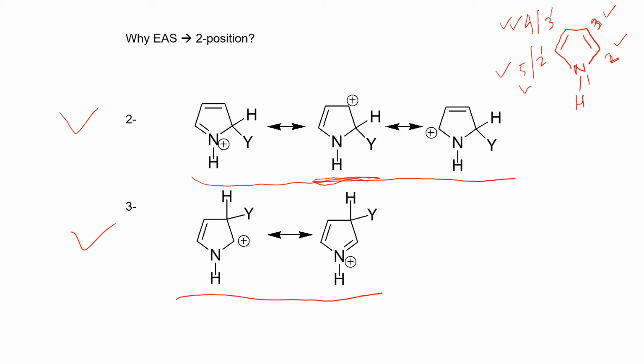The 3-substituted product will also be formed, but its percentage is lower than the 2-substituted product. So we can conclude that in the electrophilic substitution reaction of pyrrole, the 2-substituted product will be the major product.